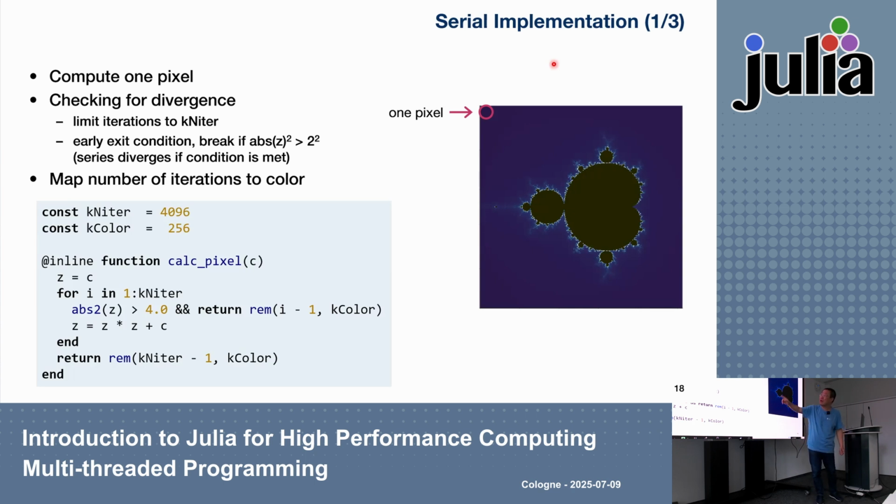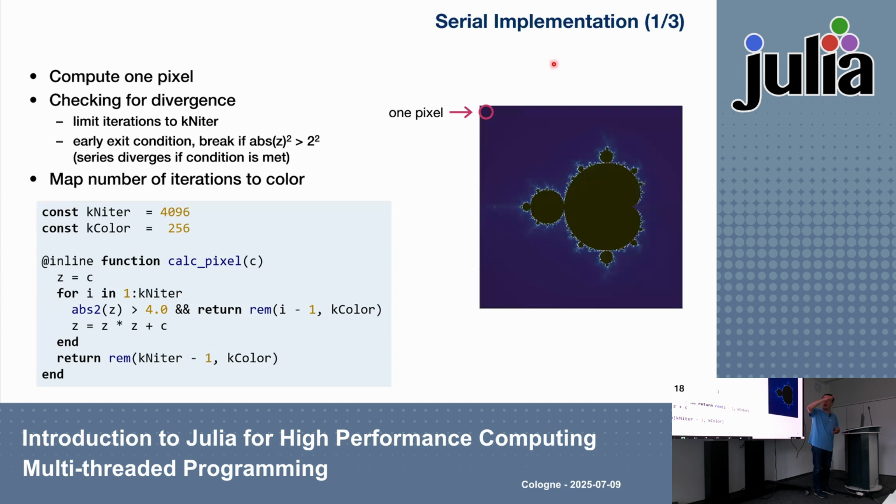Therefore, to calculate one pixel, one can have this function, starting from one input complex number and then doing this iteration, for i equals 1 to the number of iterations. Here, I set the number of iterations to be 4,000 or 4K. For a computer, we cannot do it infinitely, so we just set a maximum number of iterations.